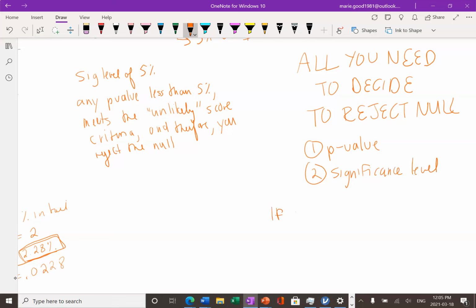And if the p-value is less than your significance level, and I'm just going to remind you, we often call that alpha, if it's less than alpha, then you reject the null. Or in other words, you say results are significant.